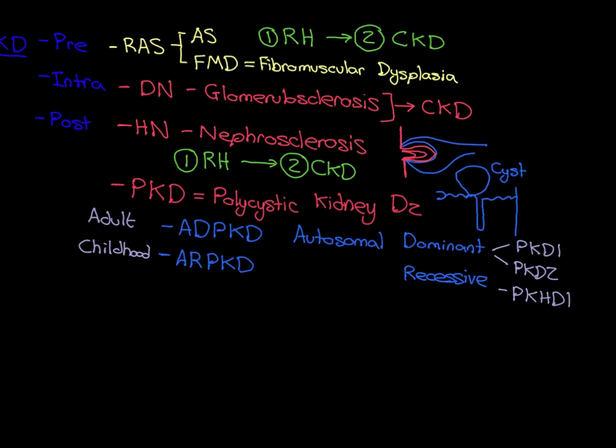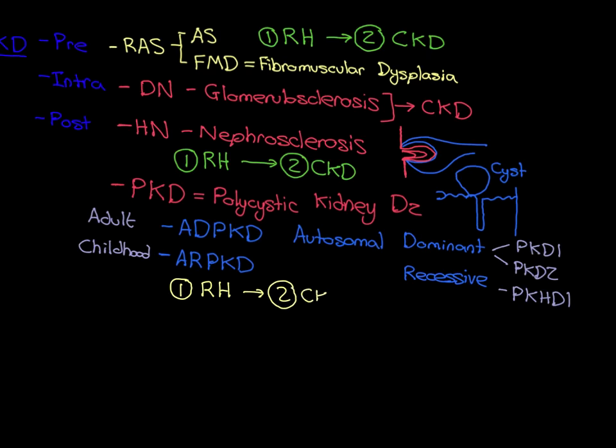So let's now actually put this together and think about what this is actually going to do to your kidney function and what symptoms it's going to give rise to. So this actually is another disease that usually is going to initially give rise to a presentation consistent with renal hypoperfusion, and it's then going to progress to CKD.